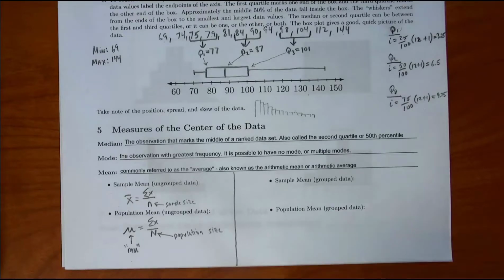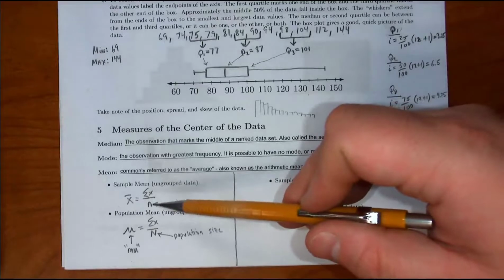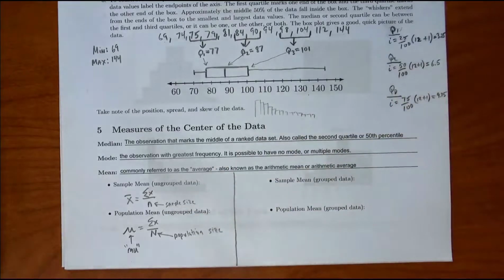However, here, that's not an issue because practically you're doing the same thing. You're adding up the observations, divide by the number of observations.